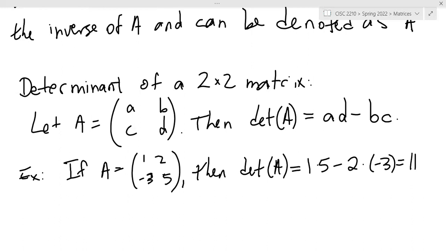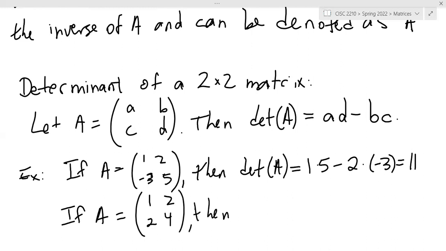Another example. Let's say we have A, which is this matrix, 1, 2, 2, 4. Then the determinant of A is going to be, again, 1 times 4 minus 2 times 2, which is 0.